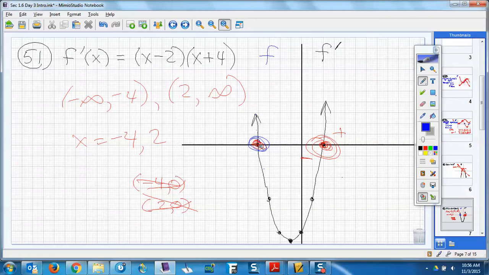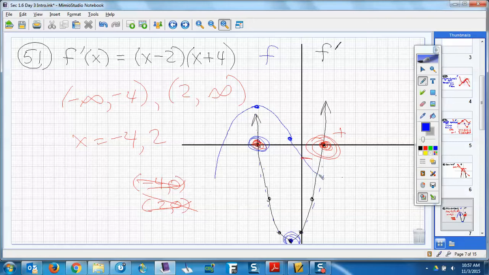So I got positive and getting less positive, so my graph's going up, up, up, up, up, until there I got a local max. And then negative, negative, negative, getting more negative till there. What do I got going on right there? Inflection point. So at negative 1, this is coming down until there, I got an inflection point. Then they're negative and getting less negative.